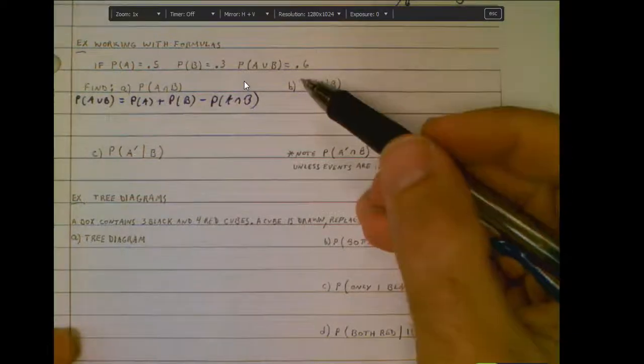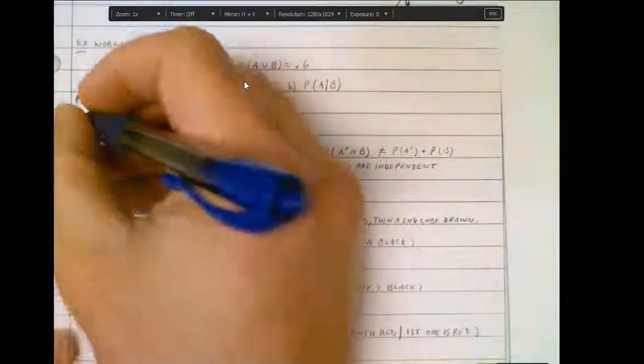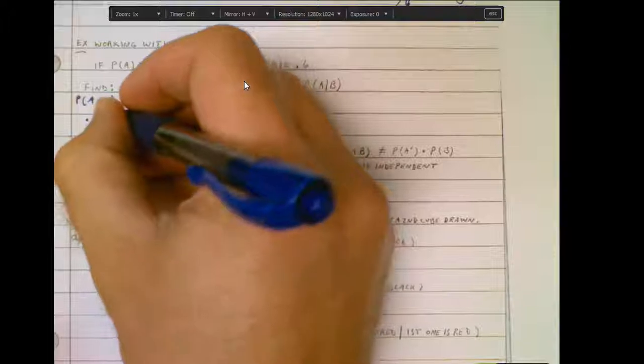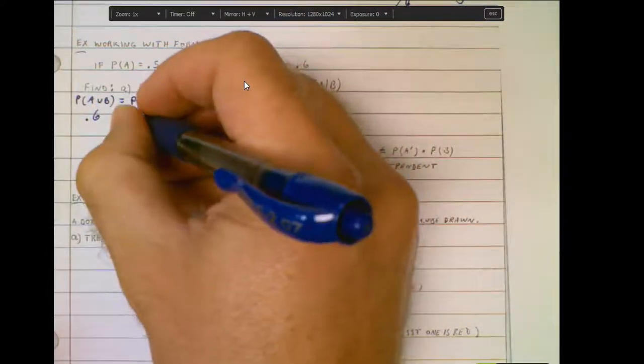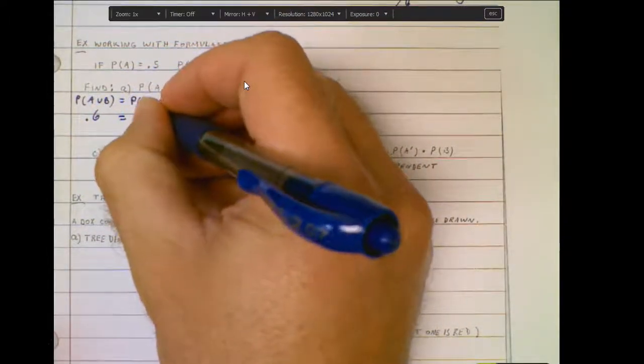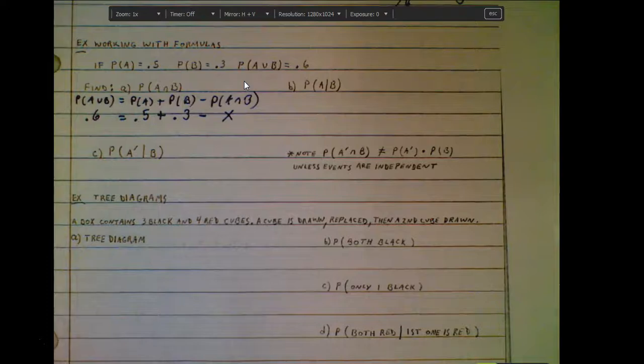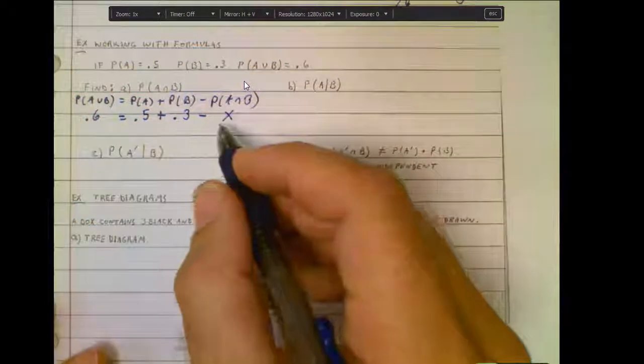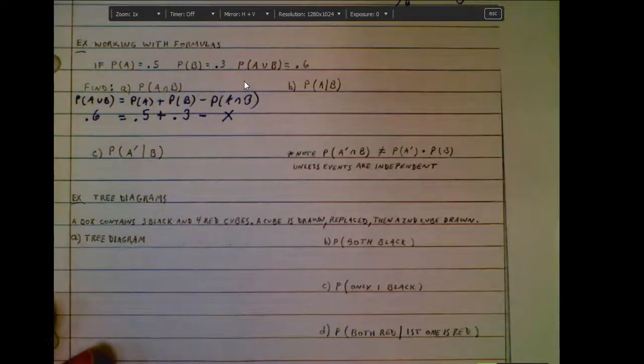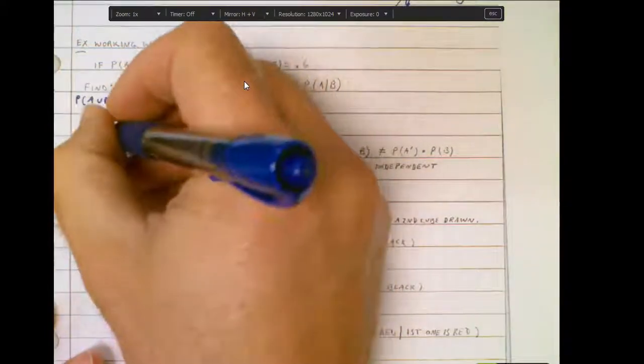So if I plug in the numbers that I have for this, 0.6 represents A or B. They told me that 0.5 is A, 0.3 is B, and that's what I am solving for. And so if I do the math on that, I can figure out that A and B is 0.2 if I solve for x.